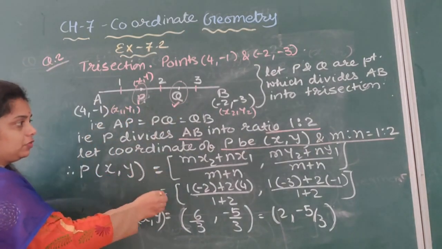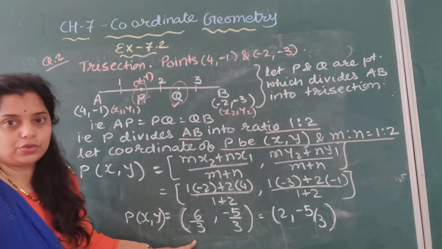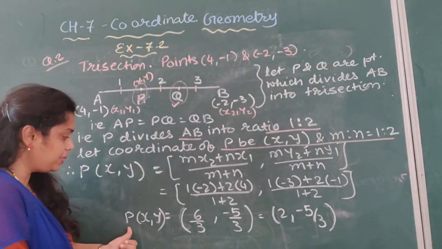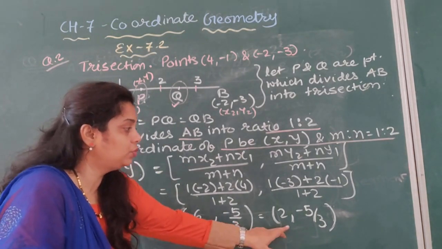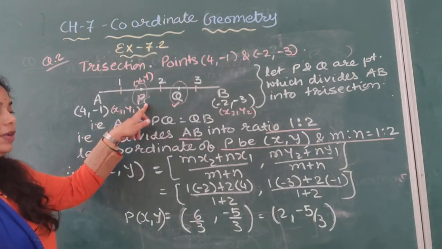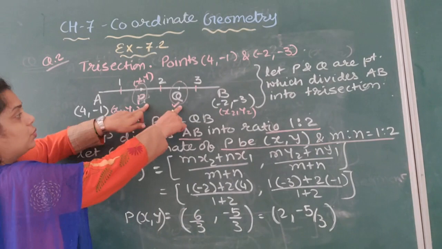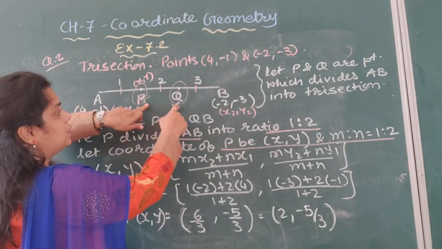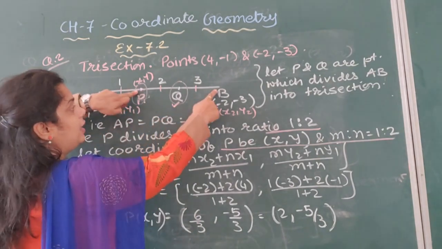After applying the formula and substitution, we got P(x, y) equal to (2, -5/3). Once we get the value of P, as you see, Q is exactly in between P and B.